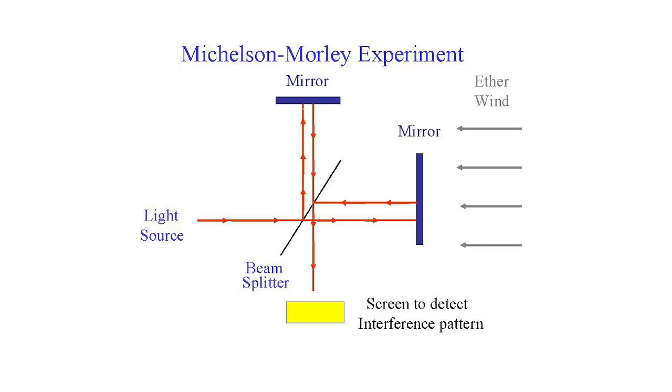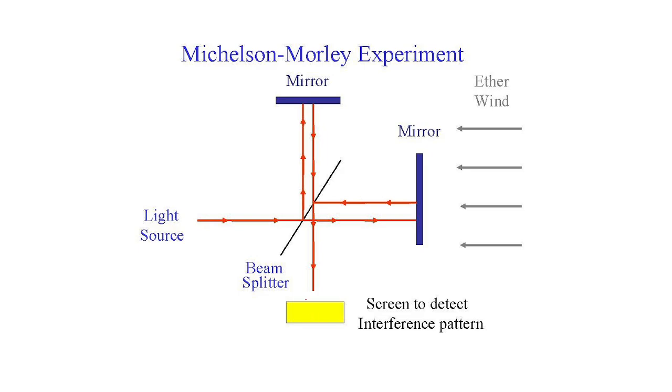One goes perpendicular to this mirror, and half is transmitted toward the parallel mirror, this one. They reflect back and combine over here, and here is the detector.